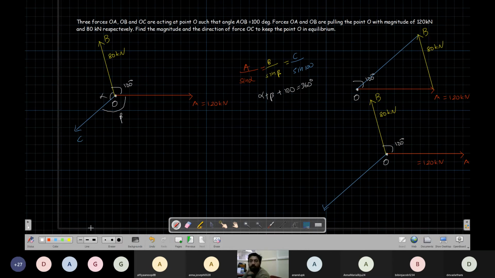So what is the other way of solving it? The method I have shown is the graphical method.